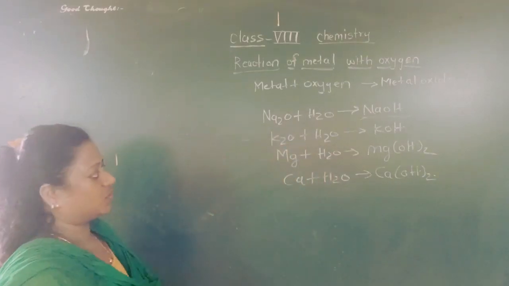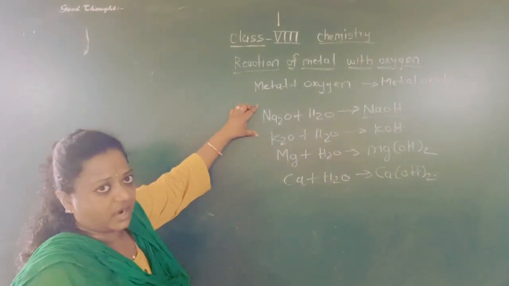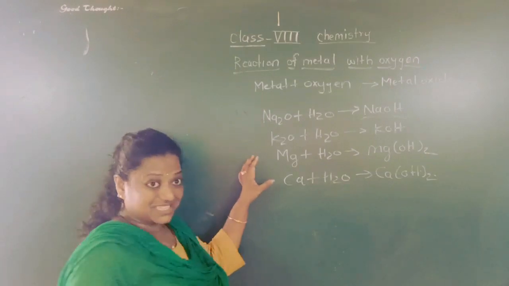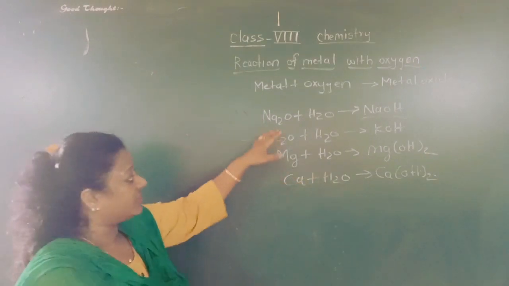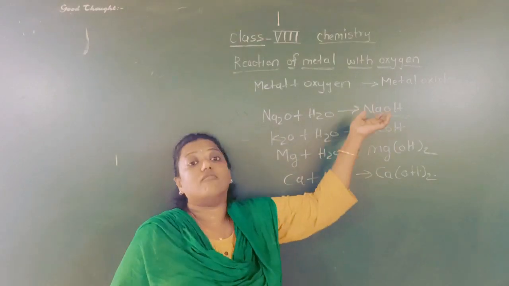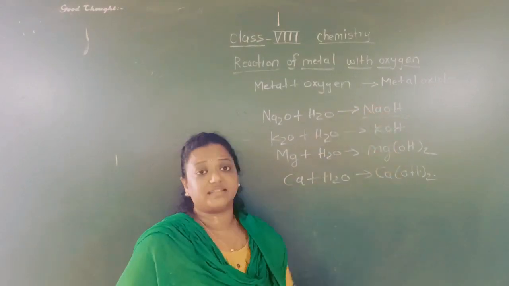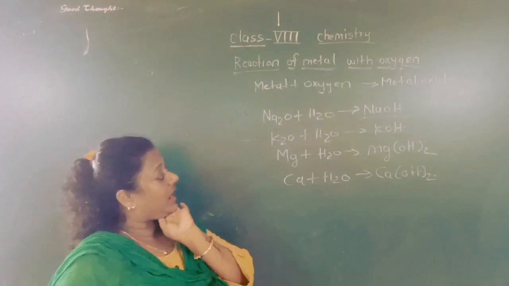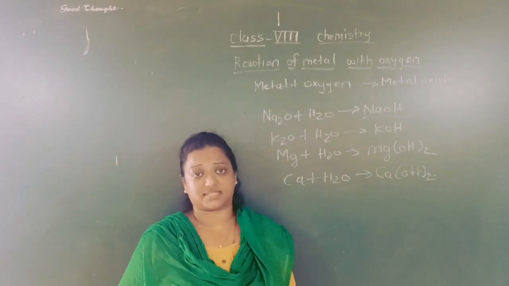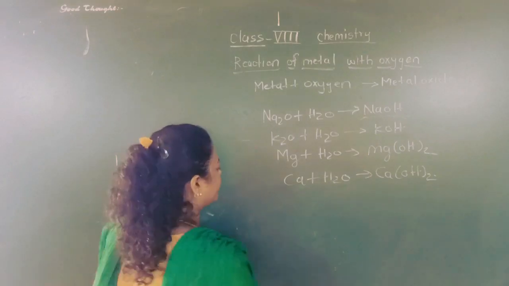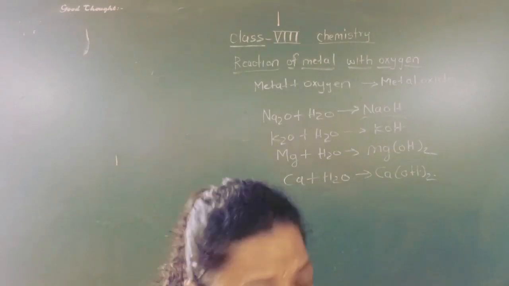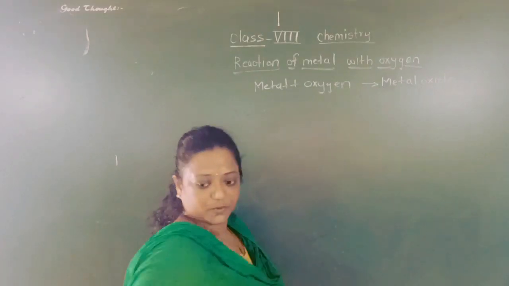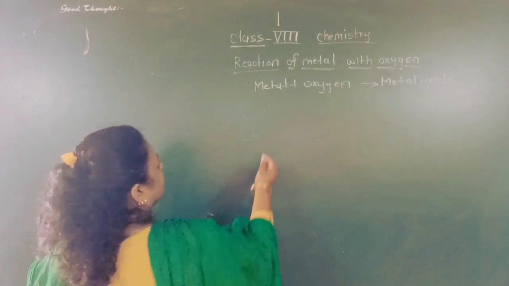Why is it so? When sodium oxide, potassium oxide and magnesium oxide react with water, they form their hydroxides. Then we will talk about the nature of their hydroxides. Suppose we take 4 beakers.